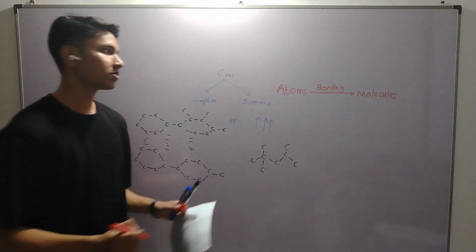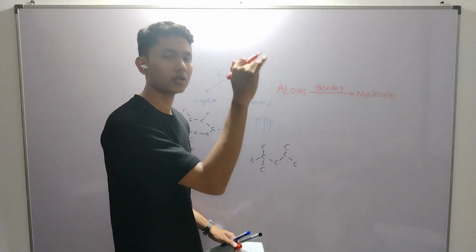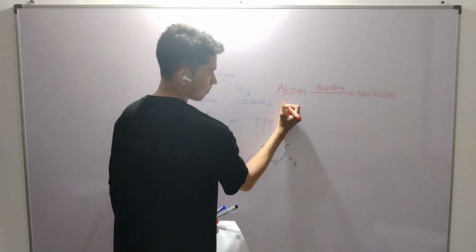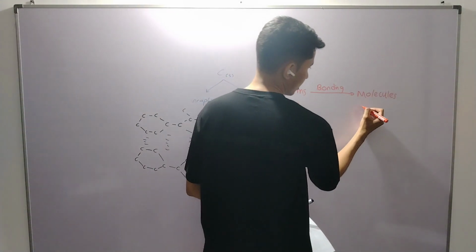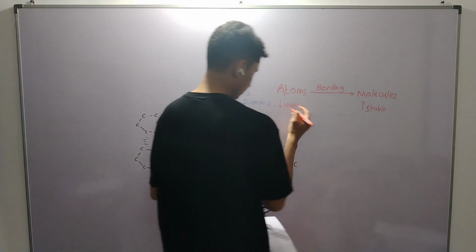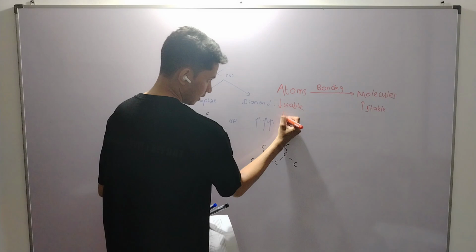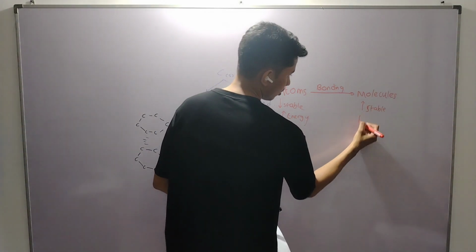Okay, atoms by bonding form molecules. So why are we forming bonds? To become stable. That means atoms are less stable, molecules are more stable. High energy, low energy.